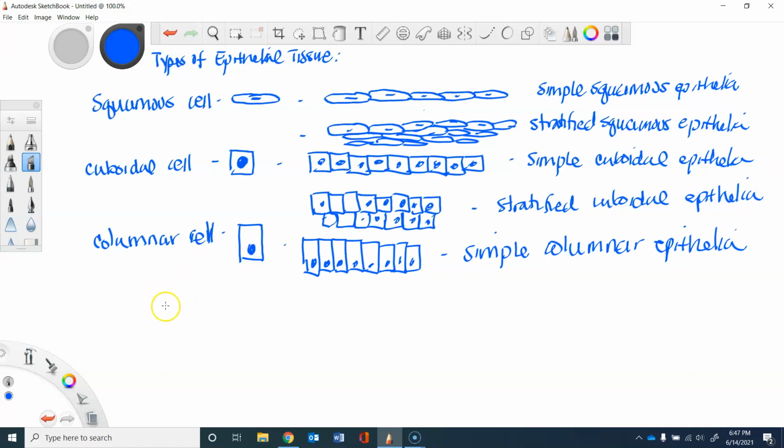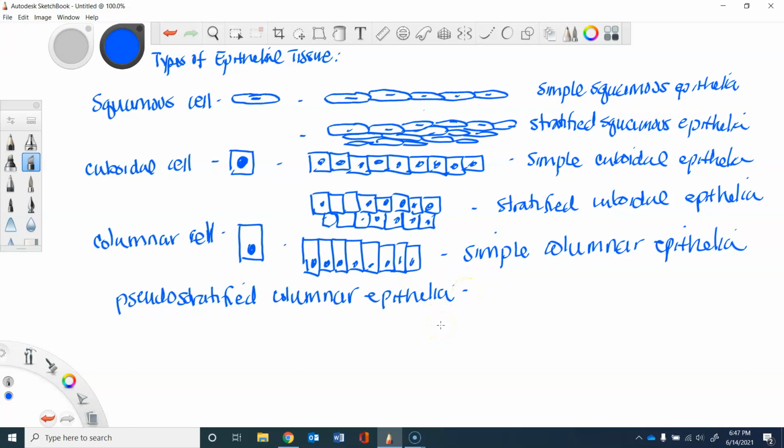There are two sort of exceptions to this rule. So there is a simple epithelia that looks a lot like a stratified epithelia, and it is called pseudostratified columnar epithelia.